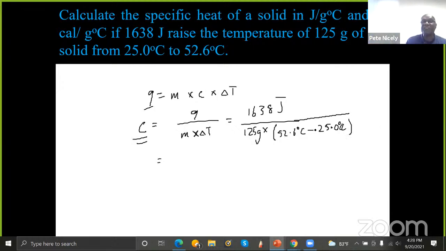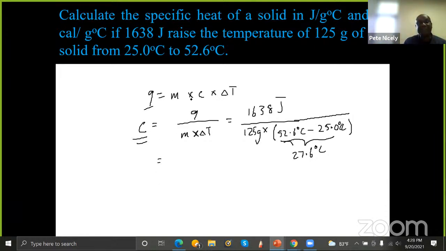So what I would do first is work out what's within the parentheses here. So that's 52.6 minus 25.0. And according to my calculations, this part works out to be equal to 27.6 degrees Celsius. And then we do the rest, 1638 divided by 125 divided by 27.6.